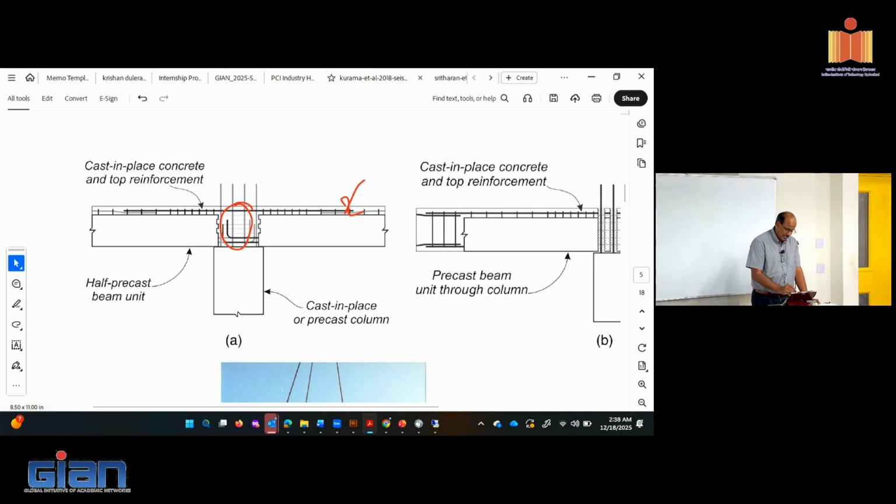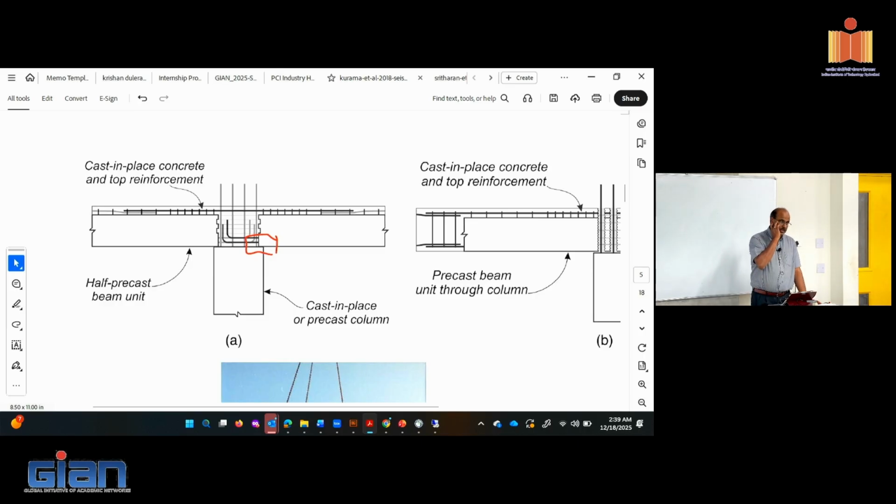So in this particular detail, there are a few things I want you to observe. One is they have shear keys here. So those are things that you want to decide if you want to increase the shear resistance. So they included shear keys in this particular detail. You could also see that it's seated a little bit on the top of the columns.